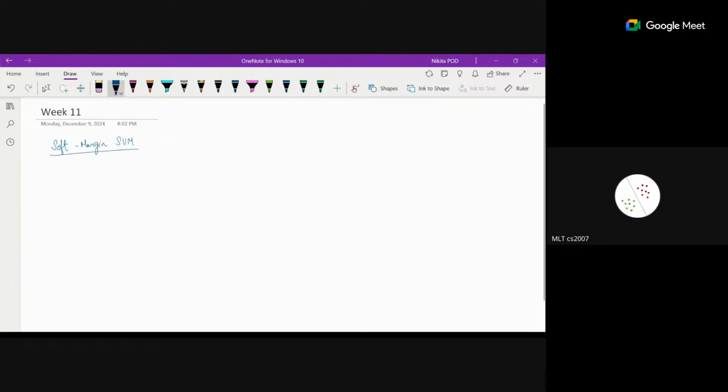Now we'll look at it in more detail this week, and afterwards we'll look at two other techniques called bagging and boosting. So what was the primal problem for the soft margin SVM?